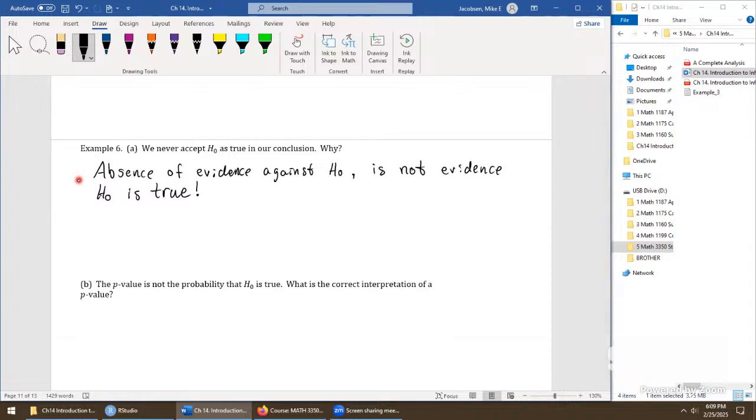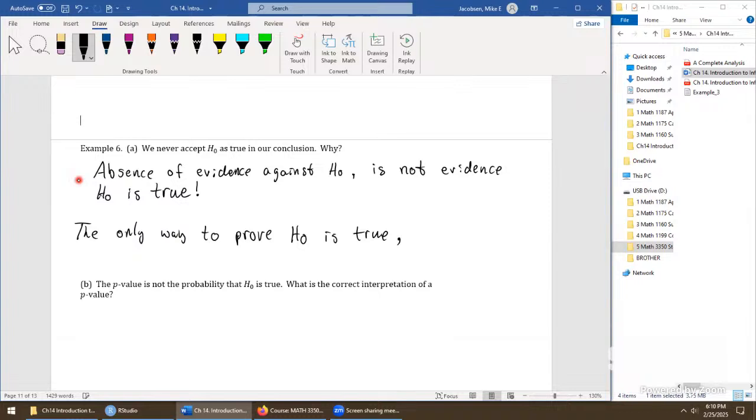And another way to say this is the only way to prove H naught is true is not to do the inferential statistics we've been doing whatsoever. You can't take a sample.